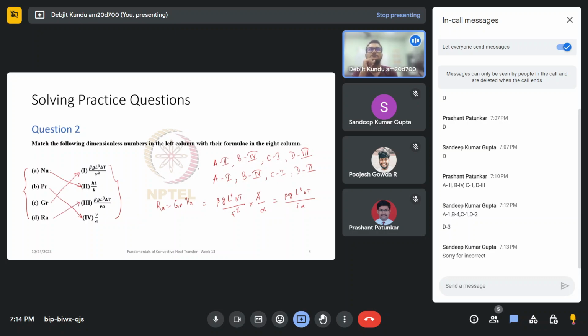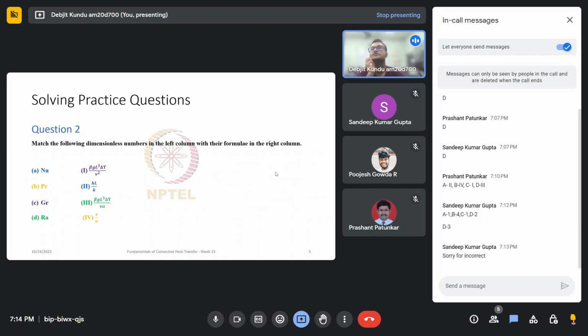So as it turns out, the first response telling that it should be A2, then B4, C1, and D3 is the correct one. Okay, no problem, no need of being sorry. It's a simple exercise that we are doing to refresh our knowledge on this. So if we look at the solution, I have colored the matching ones in this way.